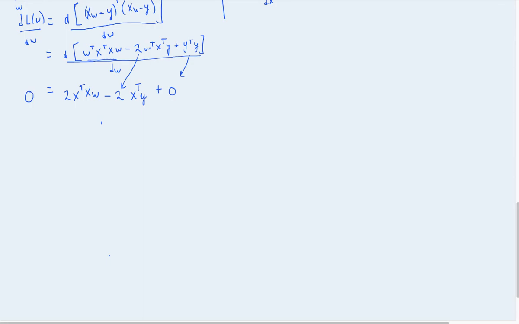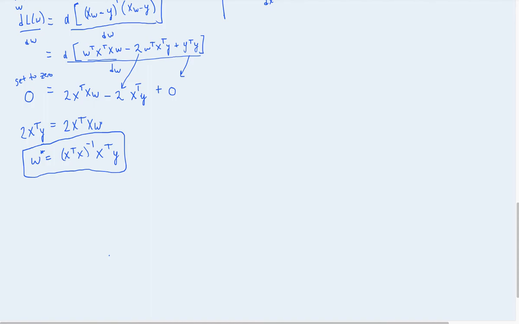So if we're setting this to 0 to find the minimum, we get that 2 X transpose Y equals 2 X transpose X W. And we can see that W equals X transpose X inverse, if we want to move that to the other side, times X transpose Y. So this is W star, because it's the W that minimizes the error of our linear regression mean squared error loss function.